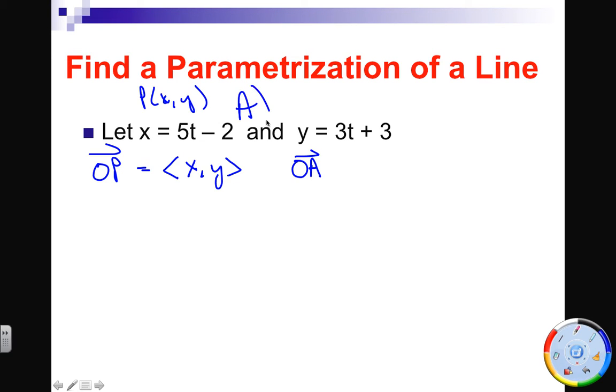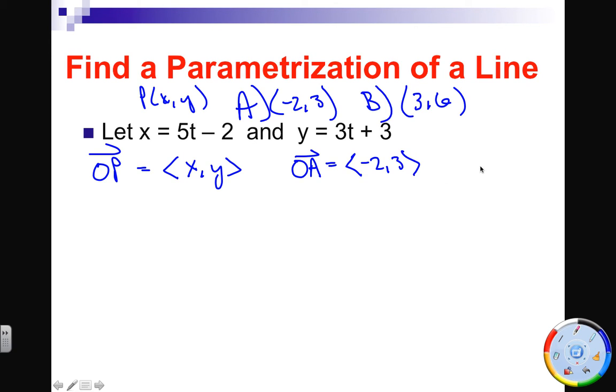So A is the point negative 2, 3, and B is the point 3, 6. The vector OA is just, since that's a point going to the origin, the vector negative 2, 3. And OB is the vector 3, 6. Easy peasy.